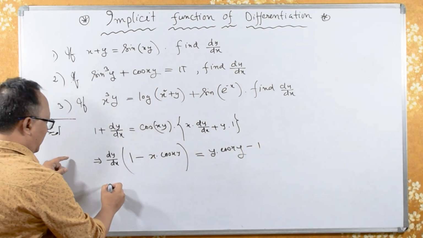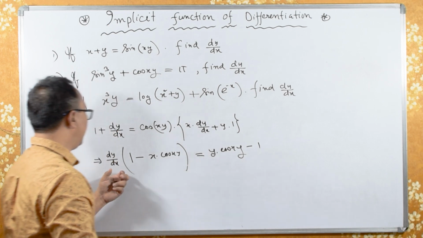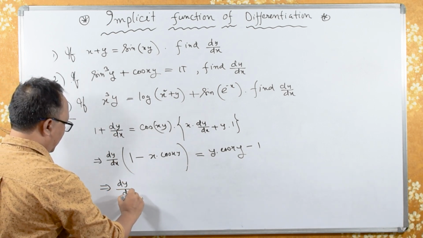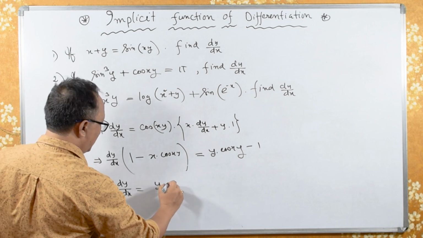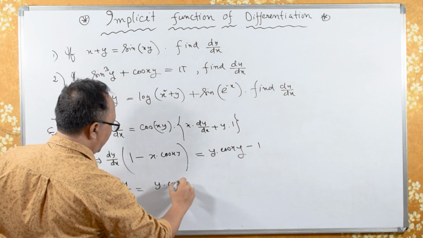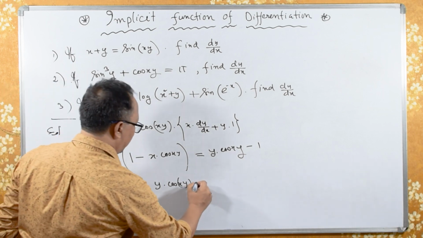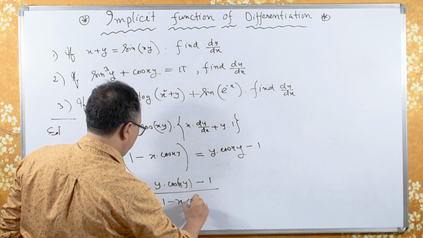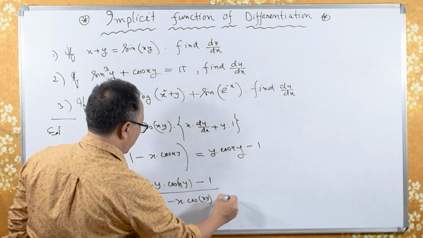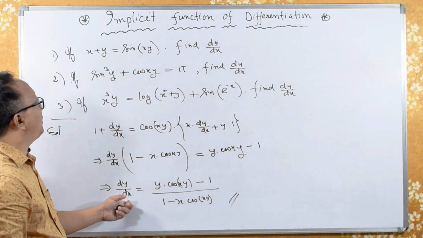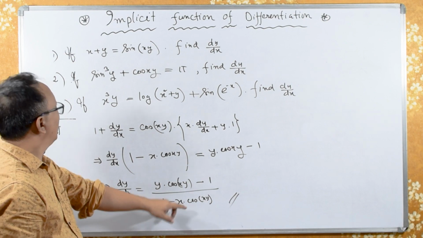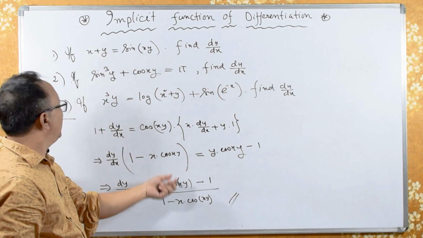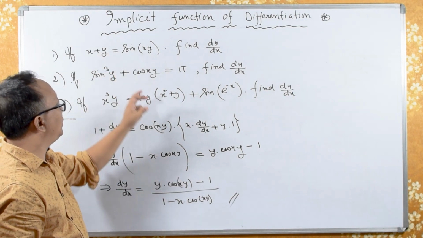Therefore sending this down, you will get dy by dx equals to y into cos of xy, where xy is a particular angle, minus 1 upon 1 minus x into cos of xy. This is the required answer for dy by dx. Now here if you have sin xy, you can substitute x plus y, and here cos xy we have, so you can keep it as it is.